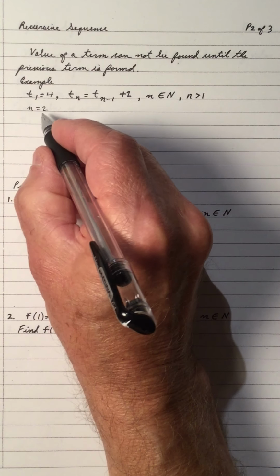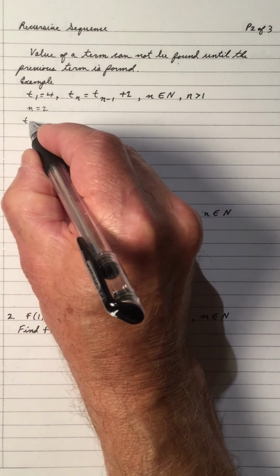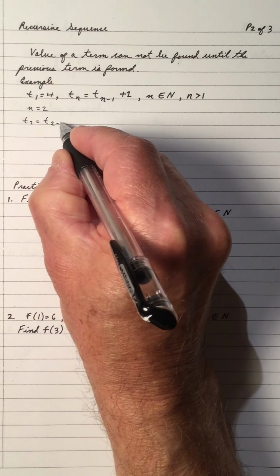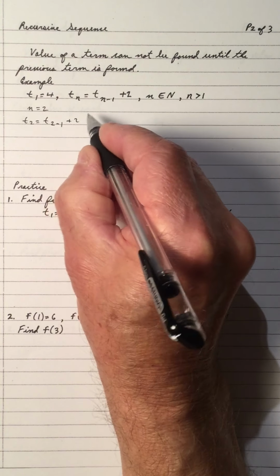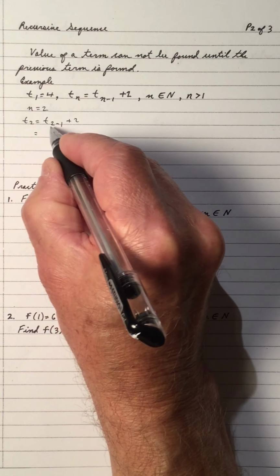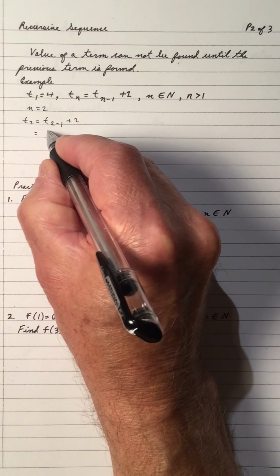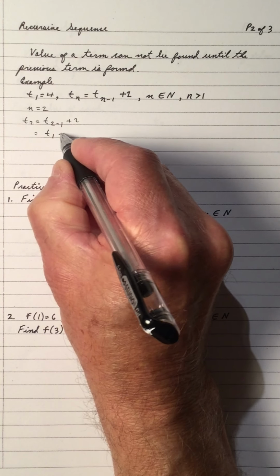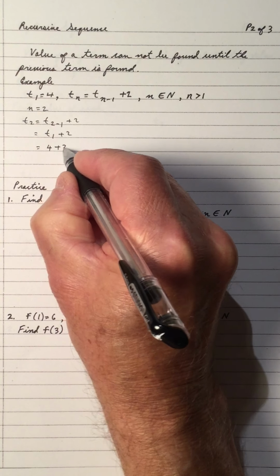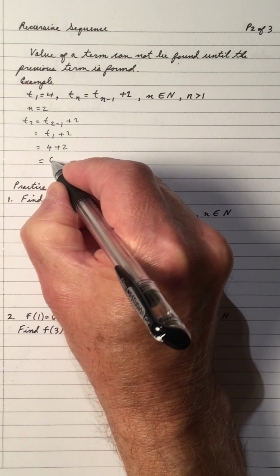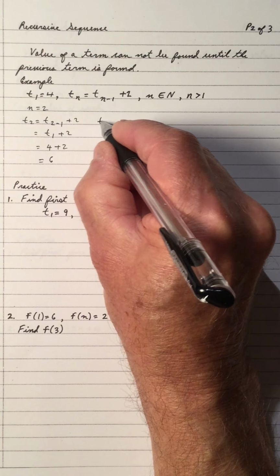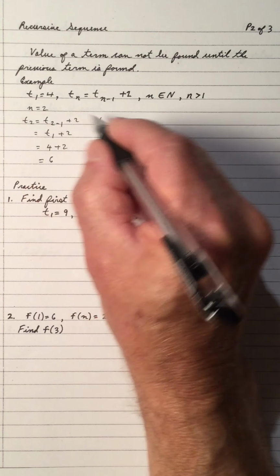If n is 2, then t of 2 is t2 minus 1 plus 2. So we're putting 2 here and 2 here. That gives us t2 minus 1 is t of 1, and t of 1 is 4. So we're getting 4 plus 2 is 6. Now we found t2. We used t1 to get t2.